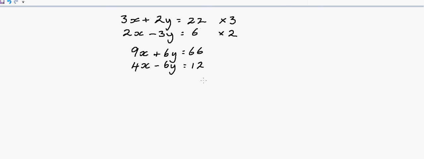Now, we've got 6y's, one plus and one minus. The signs are different, so I'm going to add the two equations, because if I add 6y to minus 6y, they disappear.